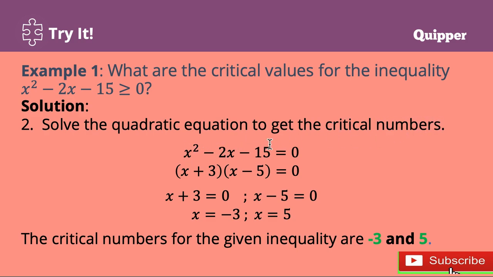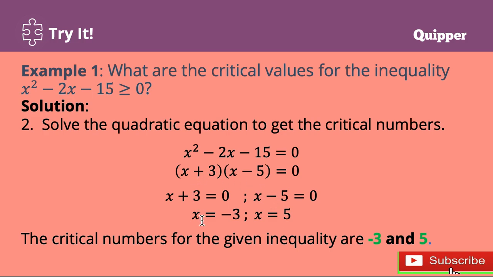Factor this expression here, and we have x plus 3 and x minus 5. Then applying the zero product property, we'll just equate each factor to 0. So you have now x plus 3 is equal to 0 and x minus 5 is equal to 0. Then solve for x. Here x is negative 3 and the other is x is positive 5.